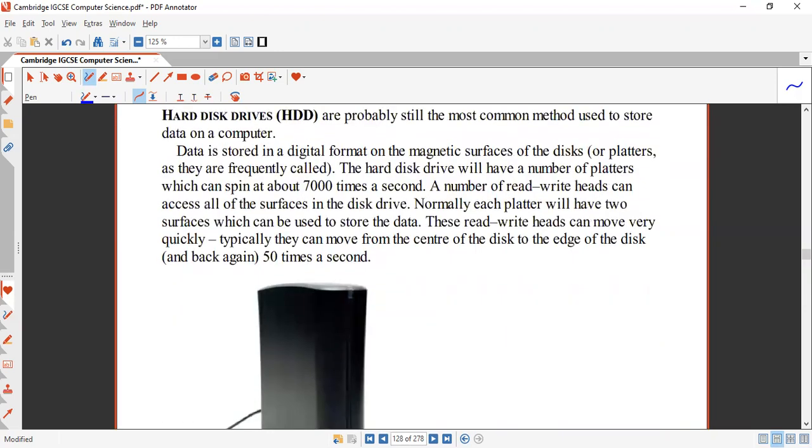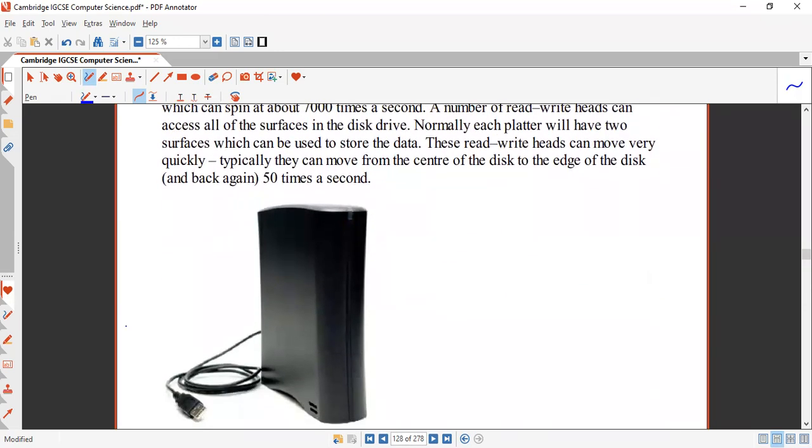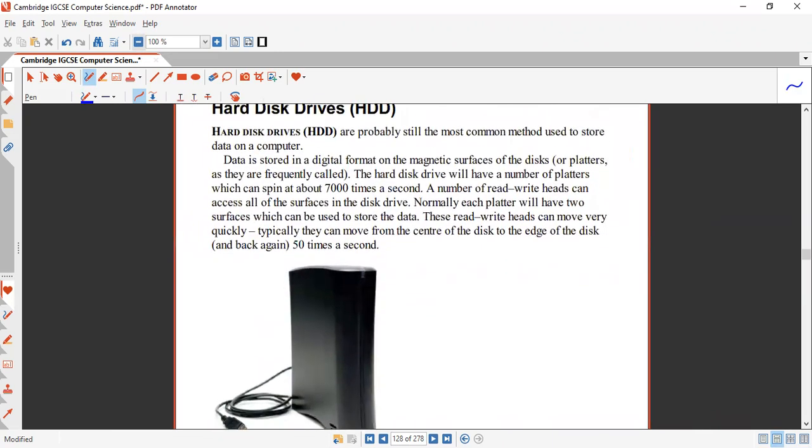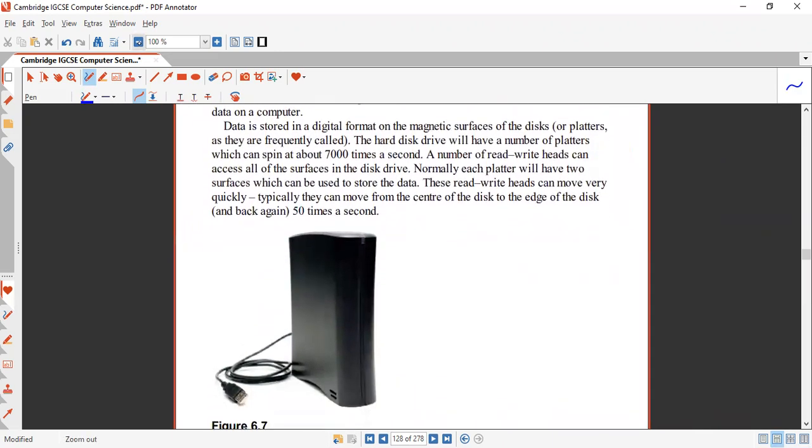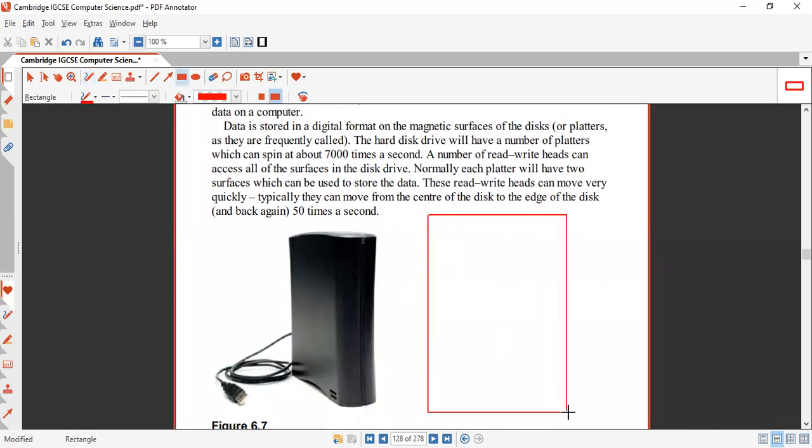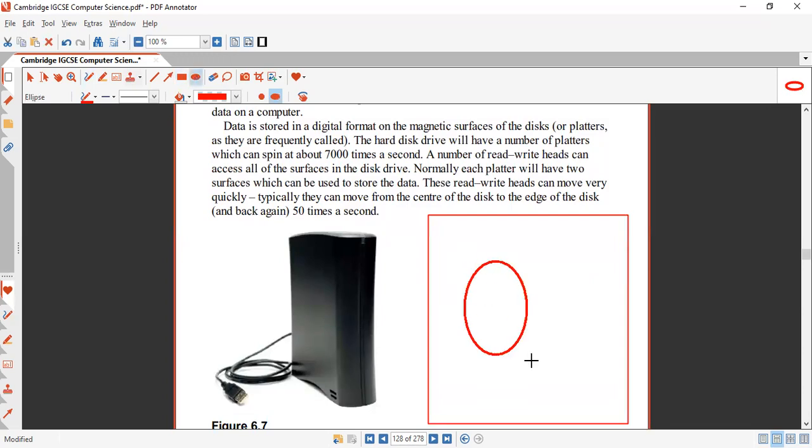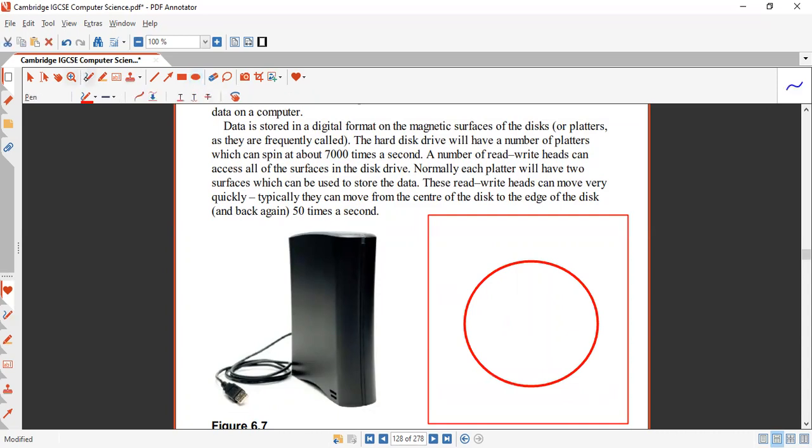When it comes to secondary storage devices, we have 2 different types. One is the HDD, the hard disk drive, and the other one is the SSD. When it comes to HDDs, let me draw it. It is a hard disk drive, and in between there is magnetic material.